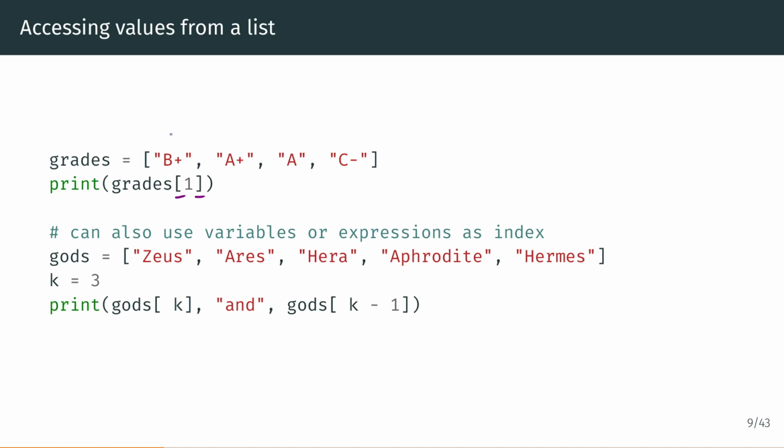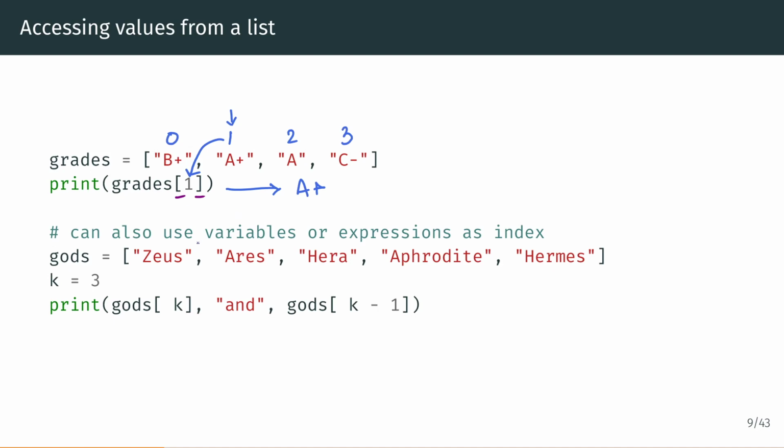So the unique index of B plus would be 0, this would be 1, this would be 2, and this would be 3. So grades 1, what will this print? This will print A plus, because that's the index that we print here.